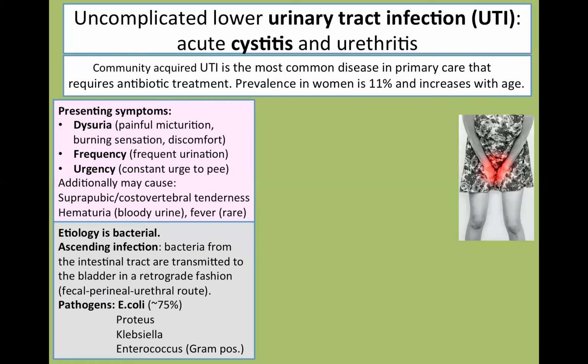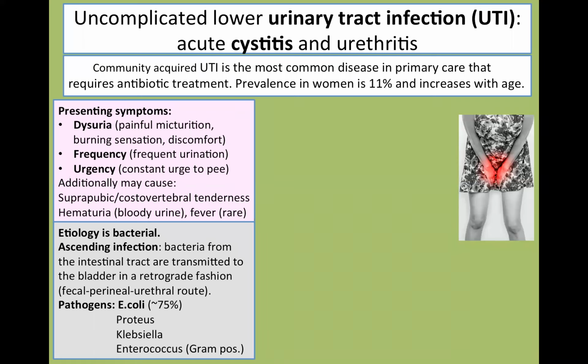The etiology is almost always bacterial. It is an ascending infection: bacteria from the intestinal tract go in a retrograde fashion up into the bladder. It's naturally much more common in females than in males.